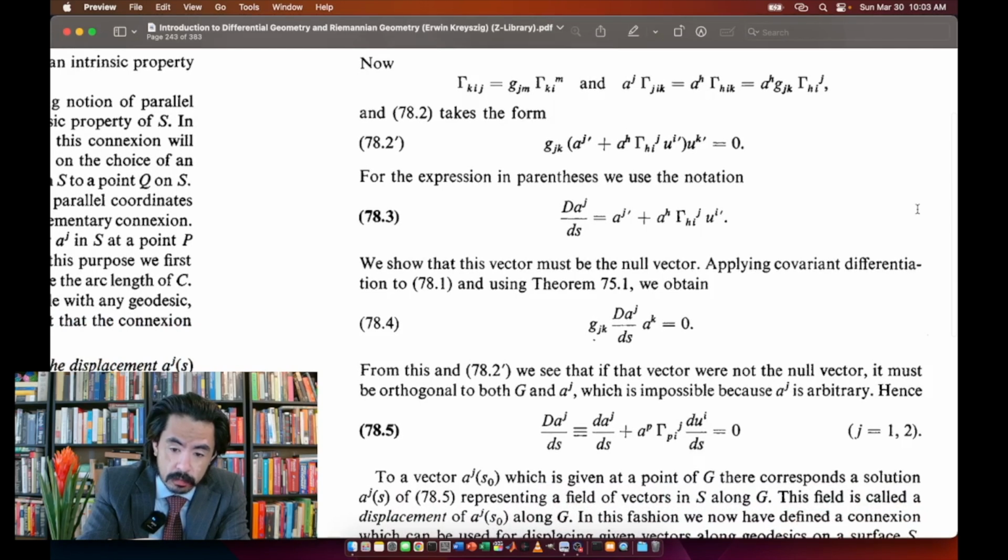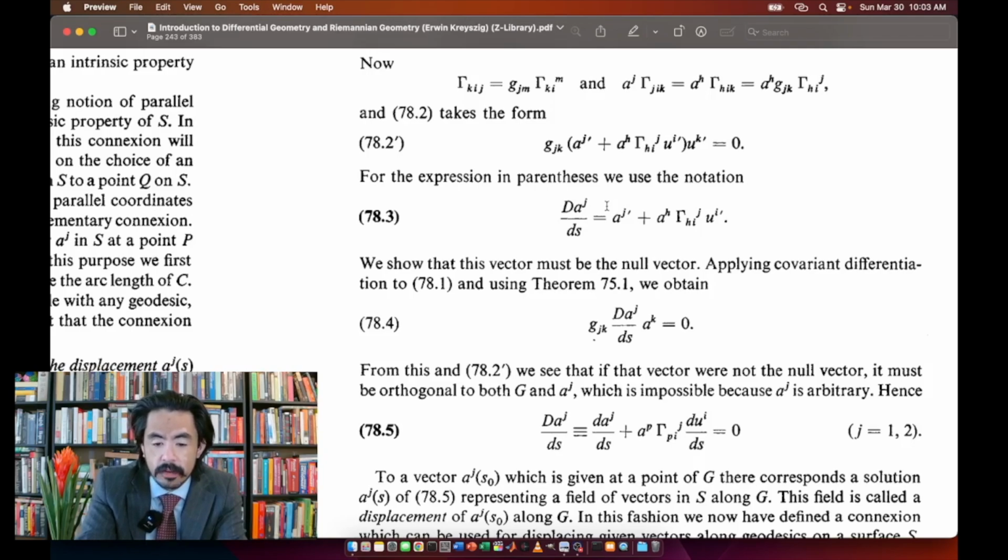For the expression in parentheses of what I just read, we use the notation capital D a superscript j over lowercase ds, which denotes a superscript j prime plus a superscript h times Christoffel sub hi superscript j times u superscript i prime. We show that this vector must be the null vector.